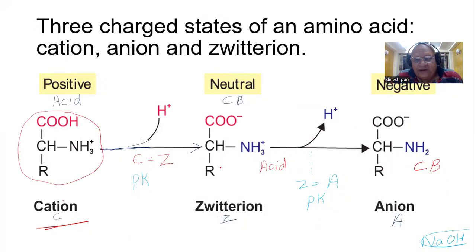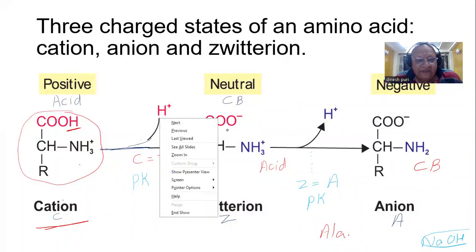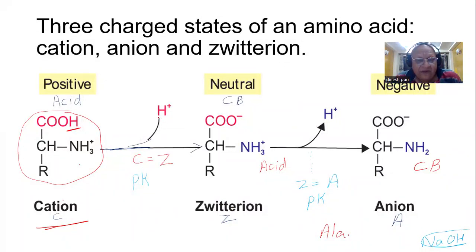As you increase the pH, for example by titration with NaOH, now we are considering a typical amino acid, for example alanine. So alanine in solution at low pH is in this form. When you increase the pH gradually, the carboxyl group will be liberating its H plus, and this form called the Zwitter ion will be formed.